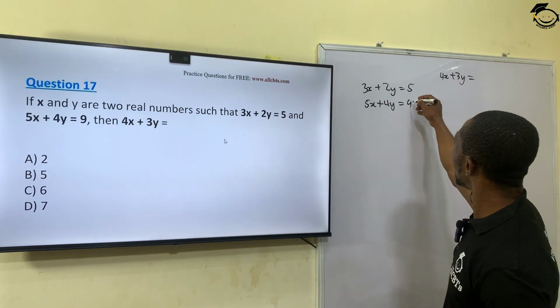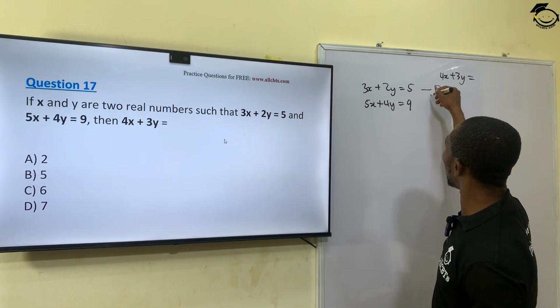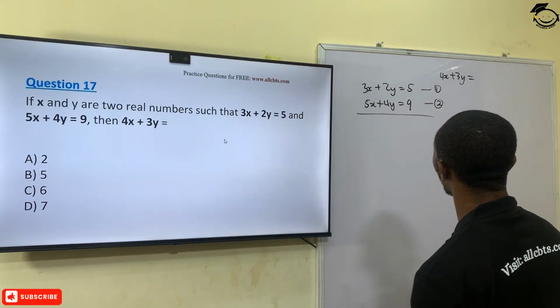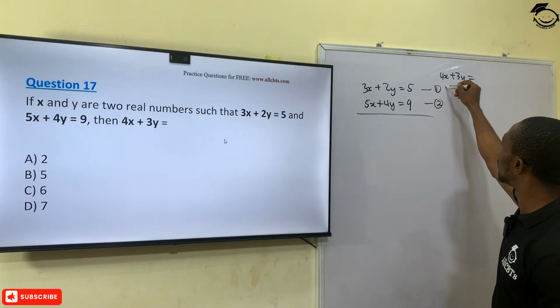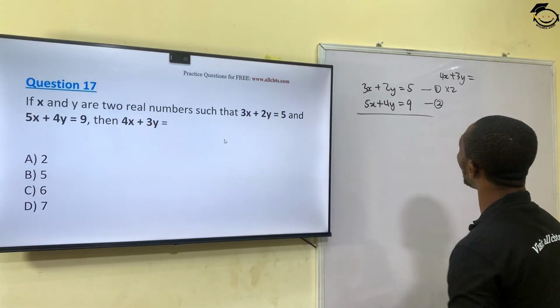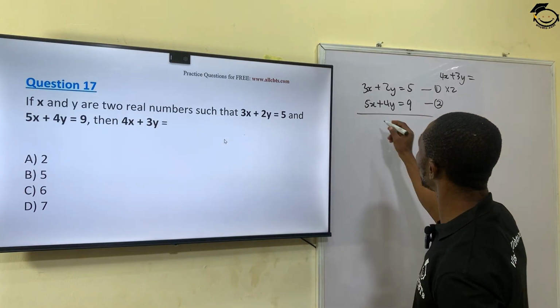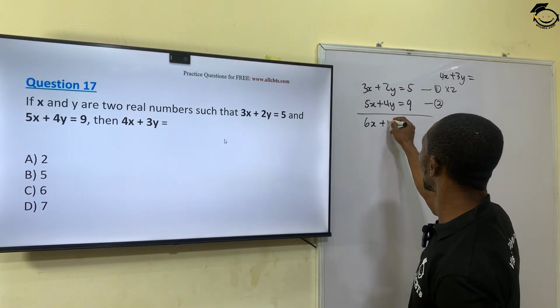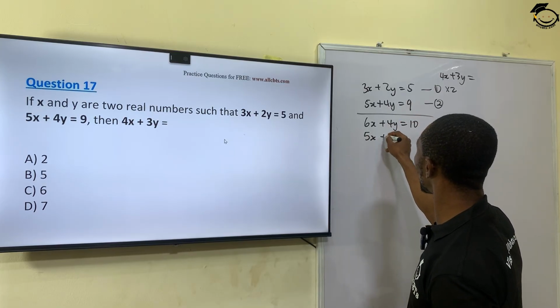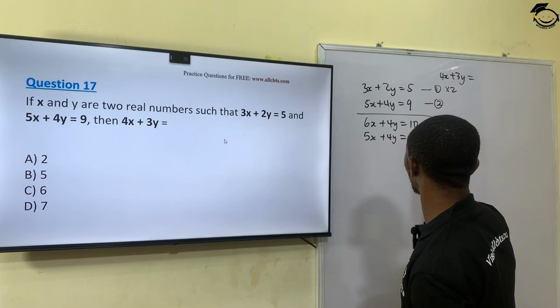Now, from here, we can see we have equation 1 and equation 2. So solving it out, we'll first of all multiply our equation 1 by 2 to equate values of y. This will be 3 times 2 will give us 6x plus 4y equals 10, and 5x plus 4y equals 9.